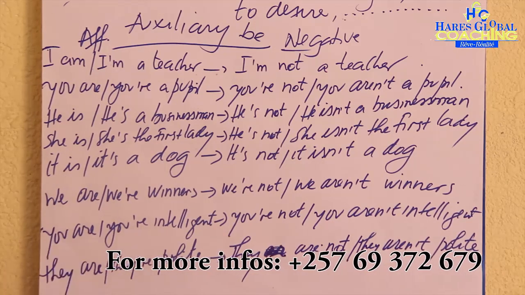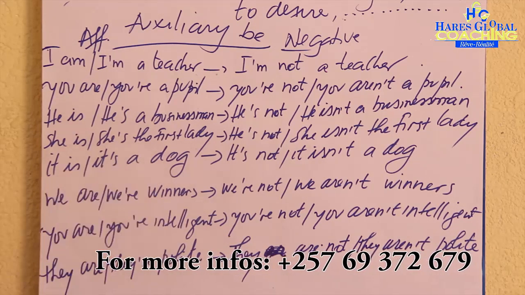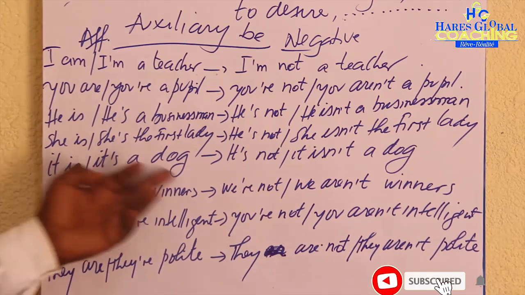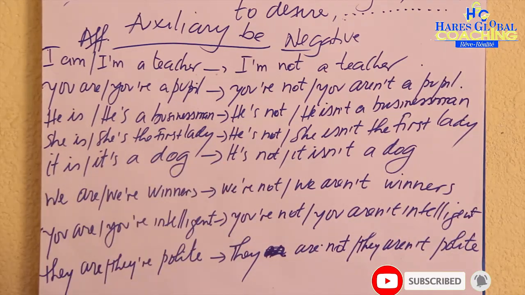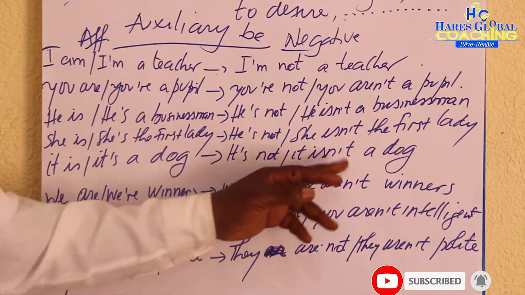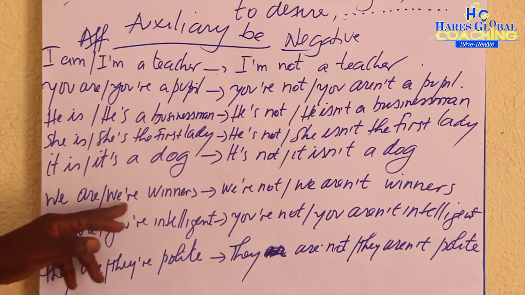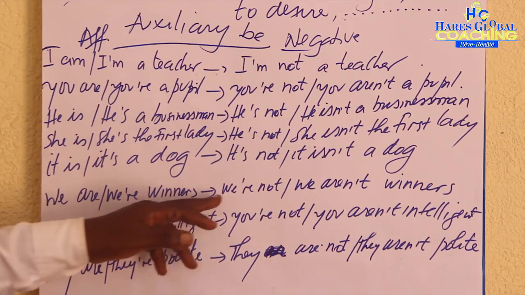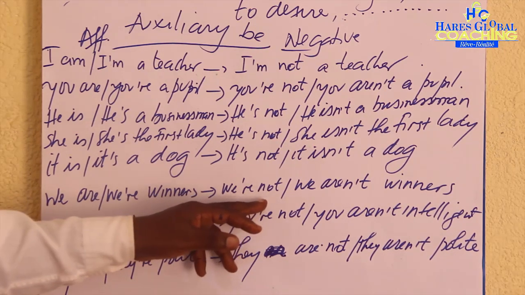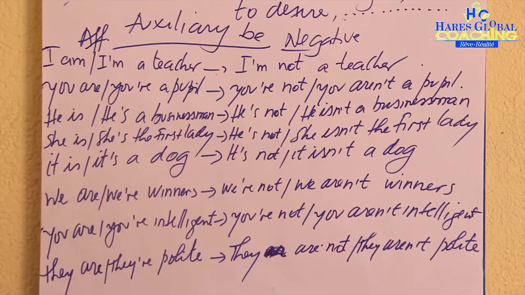It is or it's a dog. It's not or it isn't a dog. We are or we're winners. We are not, or we aren't winners.